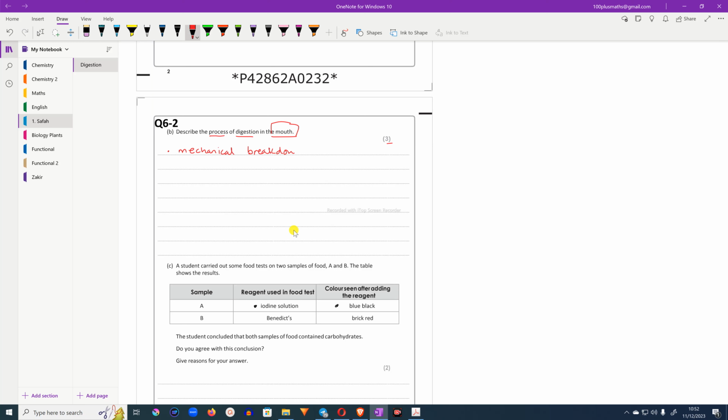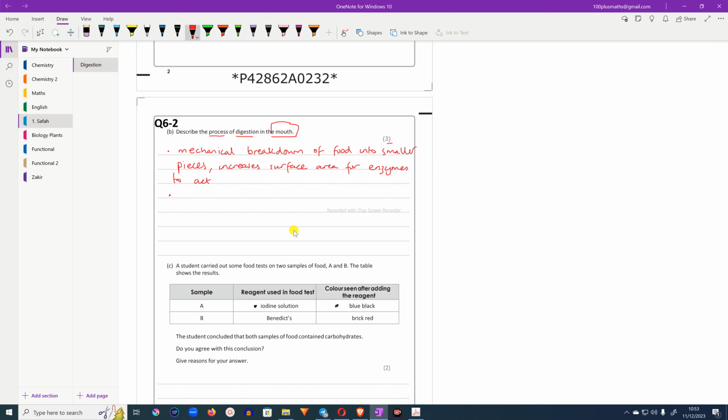Mechanical breakdown of food into smaller pieces. Right, what does that do? That increases surface area for enzymes to act.